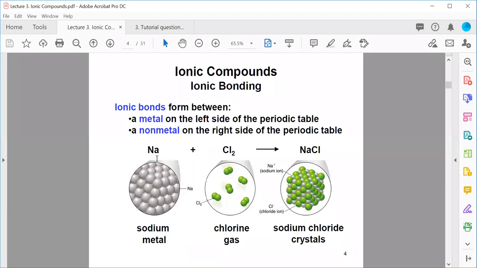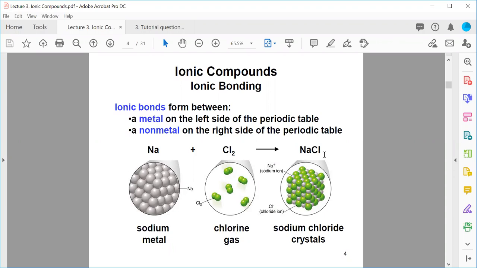Sodium is a metal on the left side of the periodic table, and chlorine is a non-metal on the right side of the periodic table. Those two elements will react to form sodium chloride.